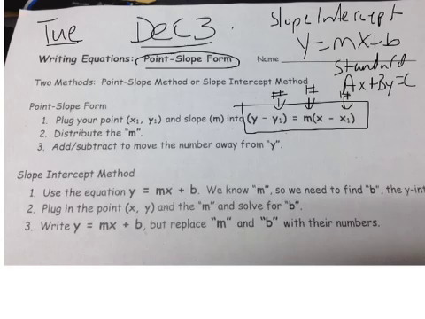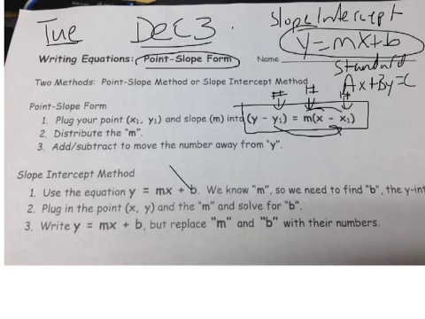To do point-slope form, you plug in your x1 and your y1, so you're going to be given a point, and you're going to plug those 2 points in, you're going to plug your slope in, and then you'll end up distributing this. You'll do a double rainbow on your m, add or subtract this number away, so you'll move this to the other side, and then you'll end up with something in slope-intercept form. That may not all mean a ton right now, but as we start to work the problems, you'll get a better idea of it.